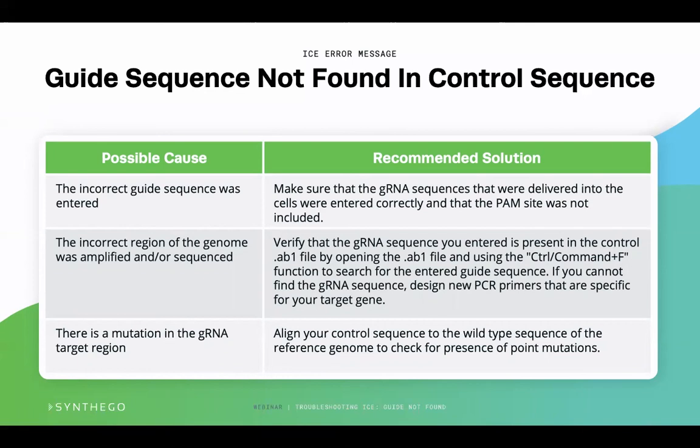Therefore, you need to align your wild-type sequence with the reference genome to identify any possible natural variants in the targeted region. If there are no SNV or SNPs present, your wild type and reference genome should align. If there are SNV or SNPs present in your wild type sequence, you will need to consider changing your guide design to include these variants.